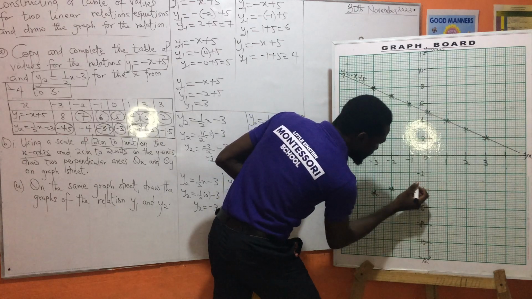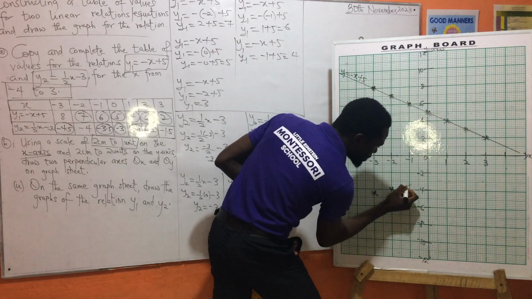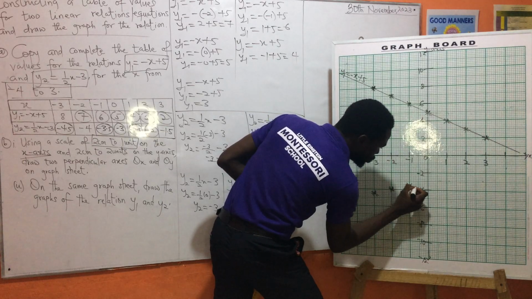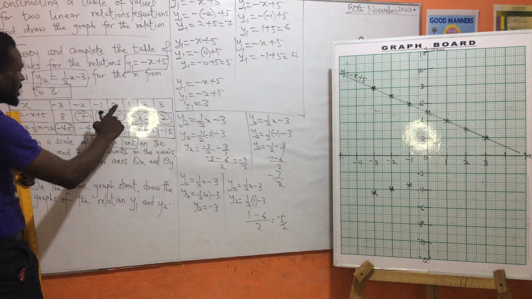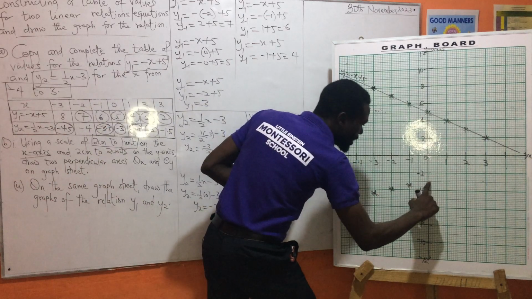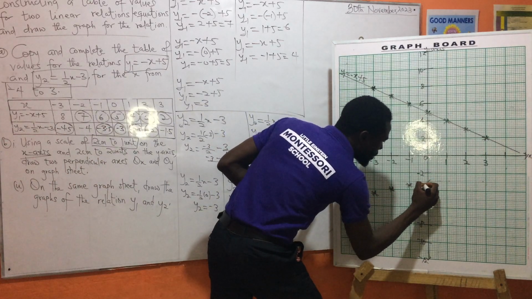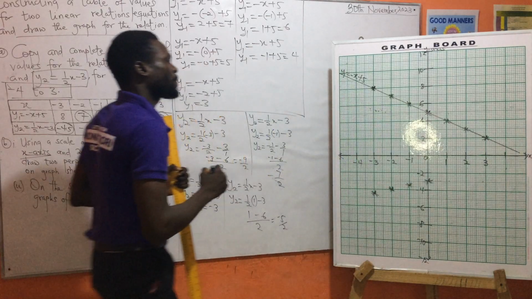So this is 3, 3.2, 3.4, 3.5 is somewhere here. So we join. Then the next one, 0, negative 3. So 0, negative 3. Here. We have it nicely there.